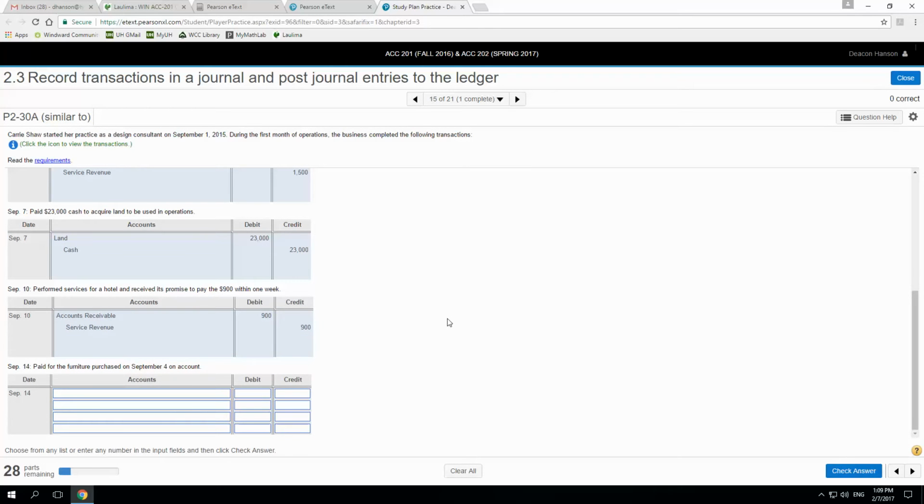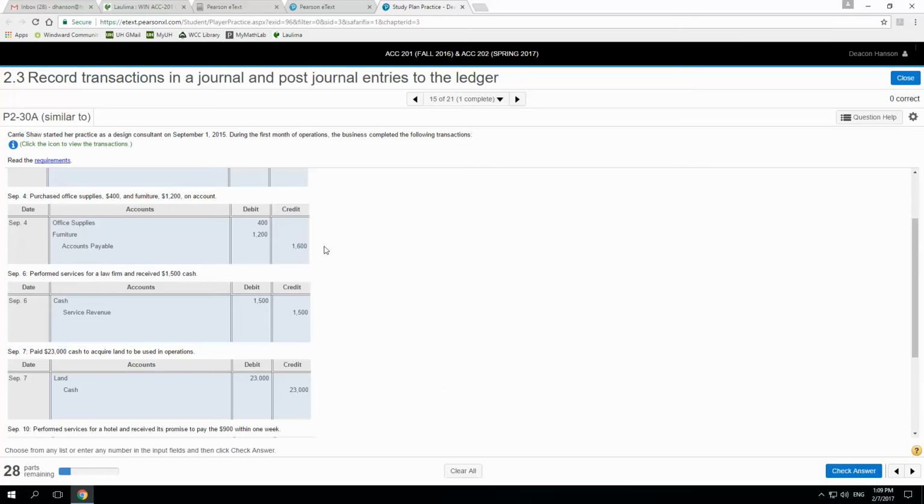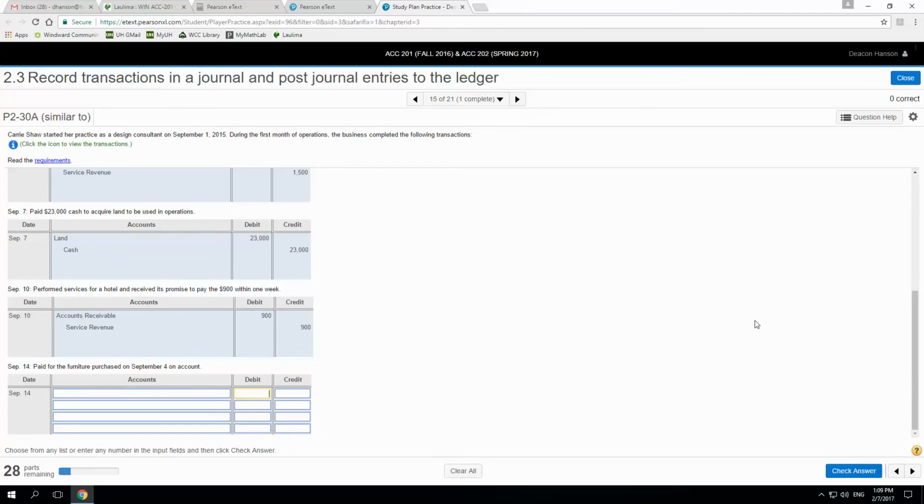Now it says paid for the furniture purchased on September 4th on account, right? We gotta kind of scroll back up and look at how much furniture we acquired on account. So on September 4th, we purchased $1,200 worth of furniture using accounts payable, not paying it. So we're paying that off.